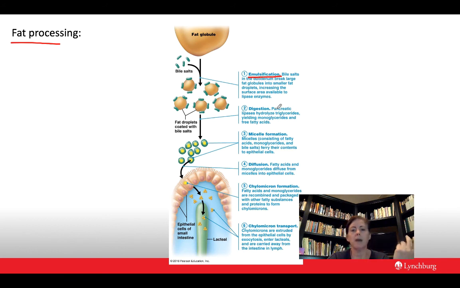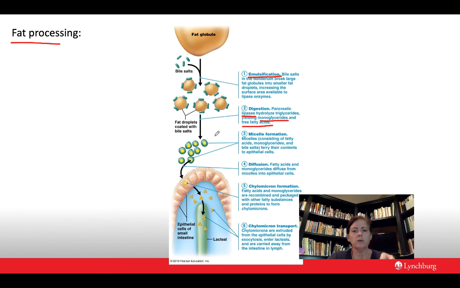So again, we have enzymes that are present in the pancreatic juice, and in this case, because it's fat, our enzymes are going to be lipases. And so the lipases are going to break down or hydrolyze the triglycerides into smaller monoglycerides and free fatty acids.